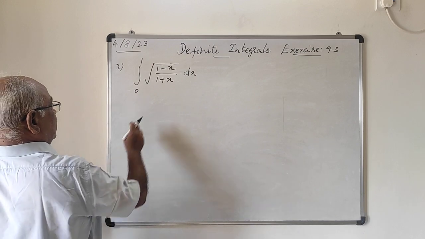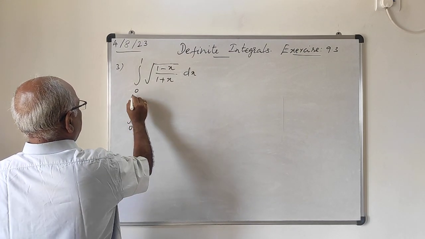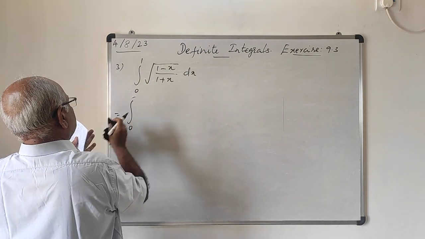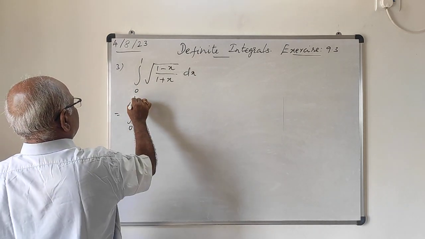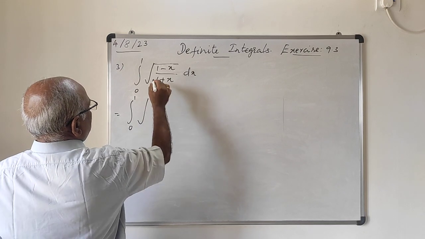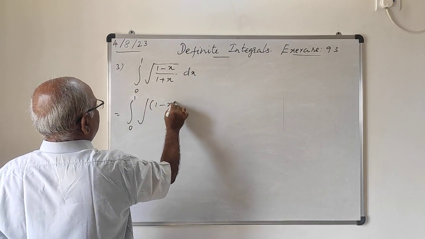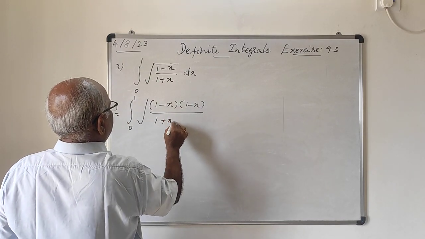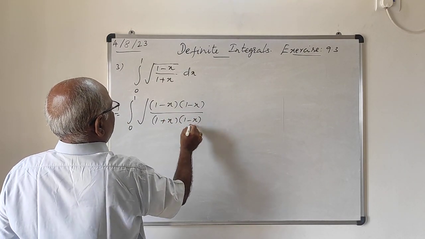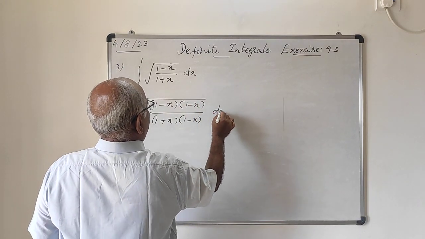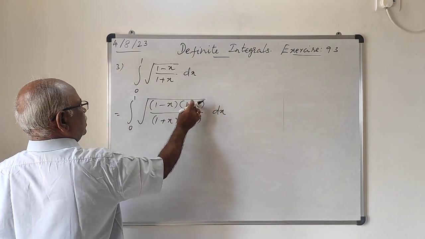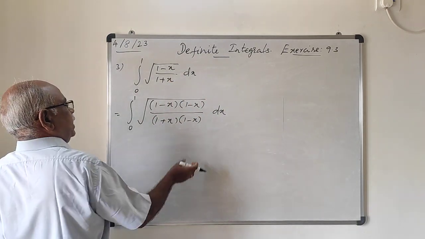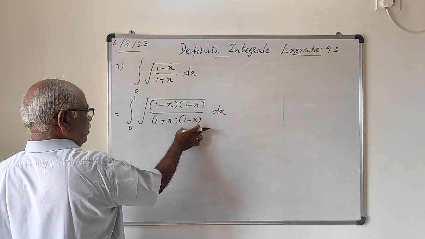To evaluate this integration, the integral from 0 to 1, within the square root you multiply both numerator and denominator by 1 minus x.